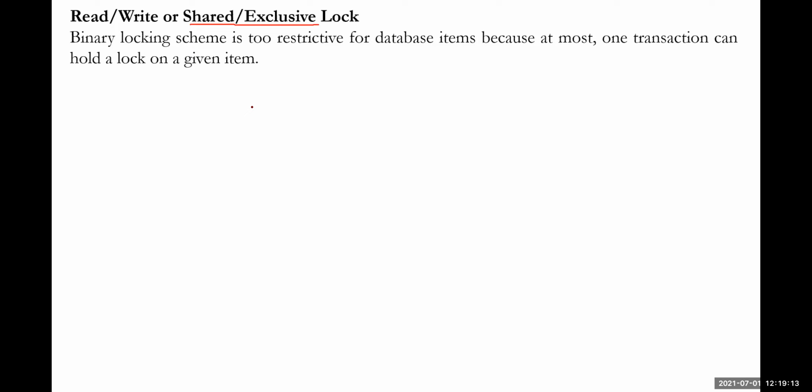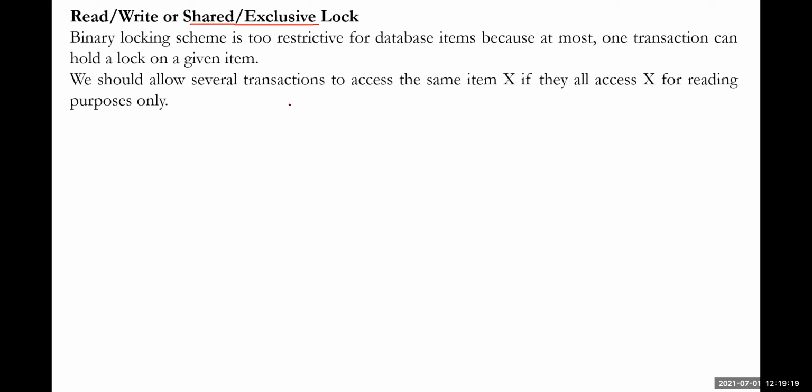So that is why one more locking mechanism was introduced, that is shared or exclusive. So here, many transactions will read that particular item X, so you have to propose only for read. If you lock the item, it could be locked forever until you unlock, and that could not be available for anybody.